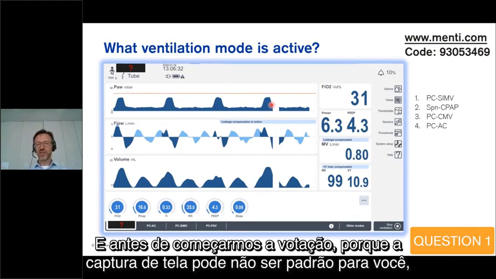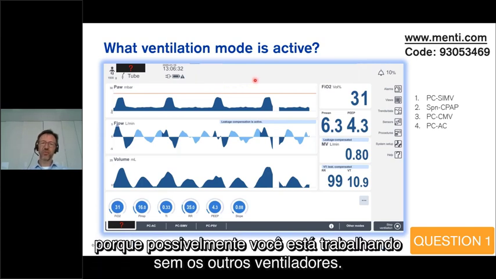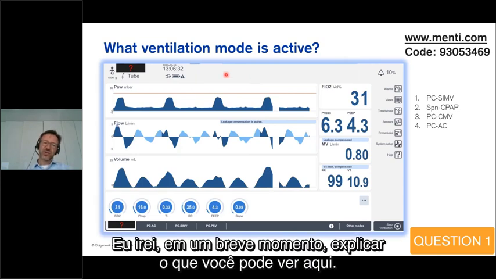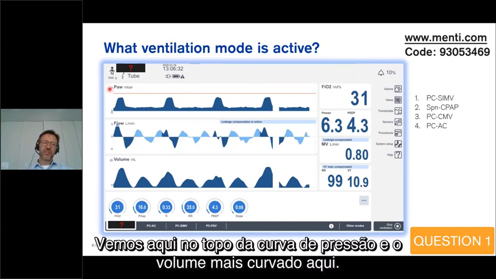Before we start the voting, because the screenshot might not be standard for you, since you possibly work with other ventilators, I will briefly explain what you can see here. At the top we see the pressure curve, the flow curve, and the volume curve.